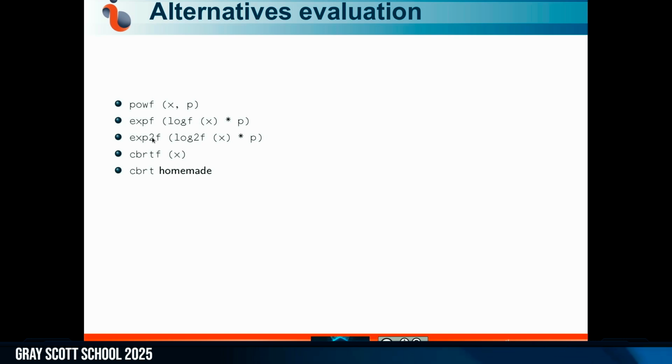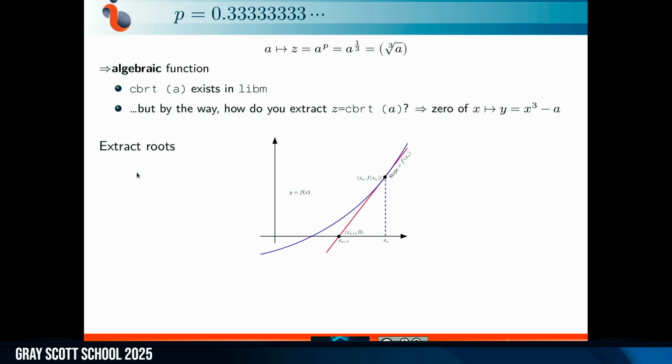We could win some time using the exponential in base 2 with the logarithm in base 2. We could use the cube root if we are ready to say that 0.3 is not far from 1/3. And we could also design our own root. So let us start with the cube root.